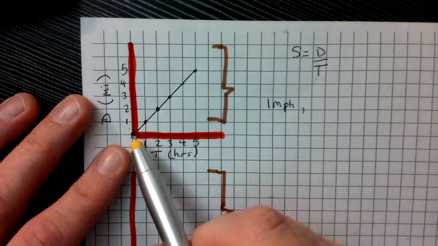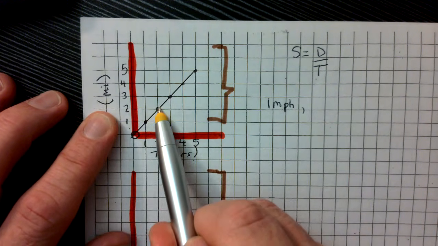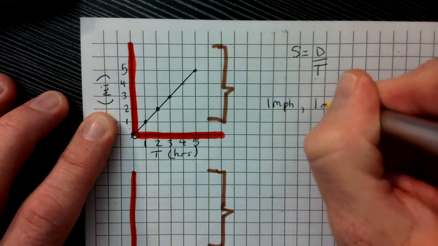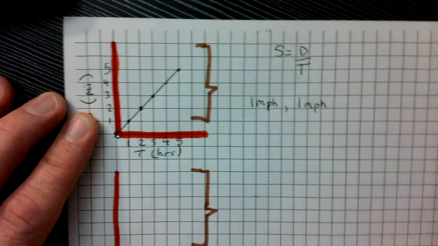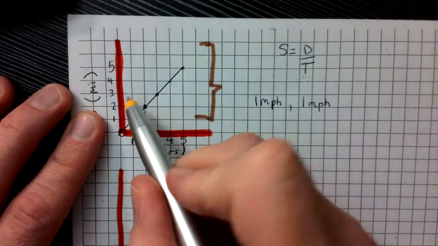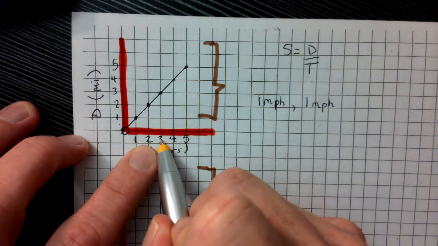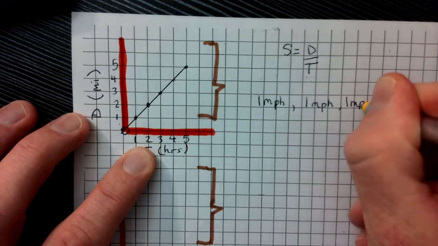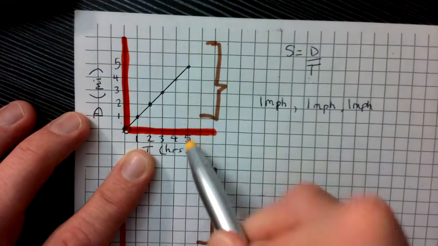Let's try another one real quick. So the object is now 2 miles away from the starting point at 2 hours. So 2 divided by 2 is 1 mile per hour. And we're calculating speed, distance divided by time. Well, let's do this one more time. So 3 miles away from our starting point. It took us 3 hours to do that. 3 divided by 3 is 1, so it's 1 mile per hour. And if I just keep going, 4 divided by 4 is 1, 5 divided by 5 is 1.